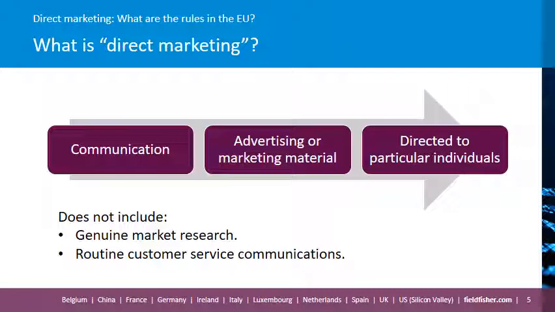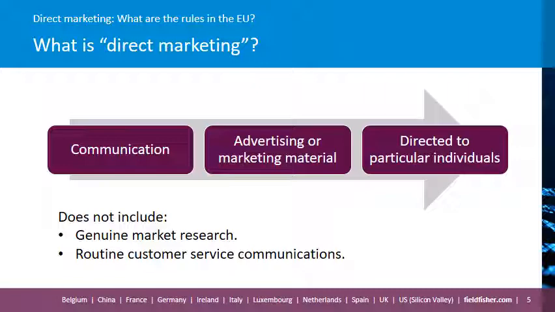Direct marketing can be defined as the communication, by whatever means, of advertising or marketing material which is directed to a particular individual. This is the definition in the Data Protection Act 2018 in the UK. The definition in other EU data protection laws may vary slightly.